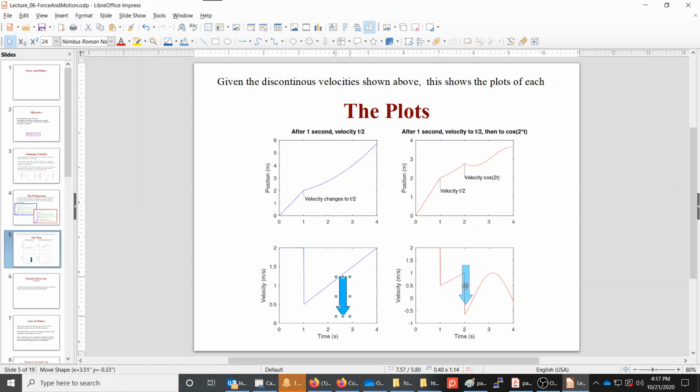And then the velocity becomes cosine 2t, which gives us this kind of large cosine curve for our velocity. And so when we integrate that, we actually get a minus sine wave popping out of here. And so that's where we're getting this curve here now.